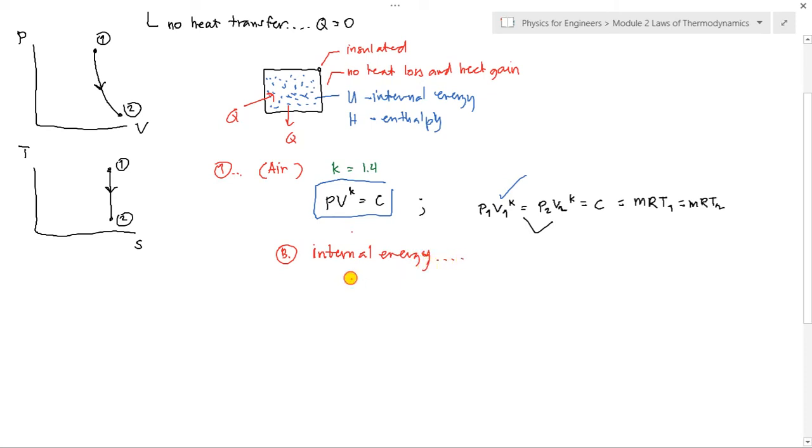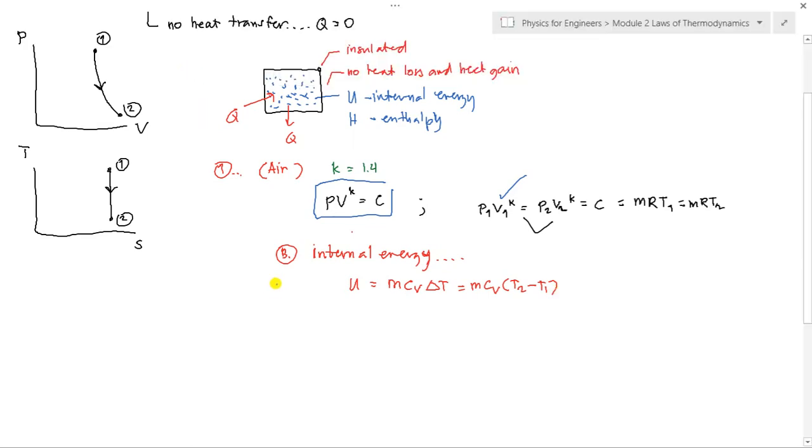For internal energy, again, U is equal to the usual m Cv delta T. So the internal energy is m Cv T2 minus T1. So that is for internal energy.